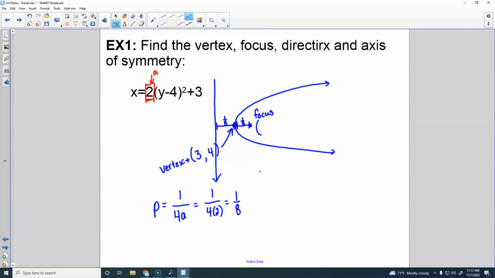So let's just do a decimal. We're going to do 3.125 for our x coordinate, and then 4 is our y coordinate. The y coordinate does not change. Okay, so that is our focus. For this line right here, this is the directrix.